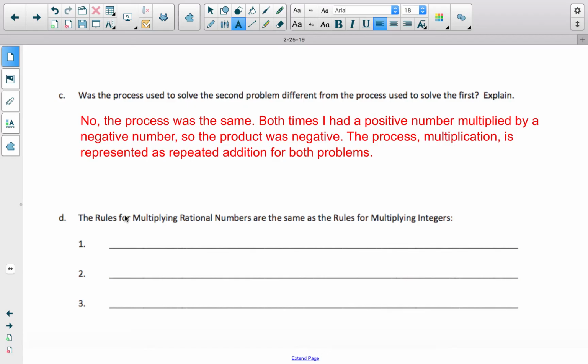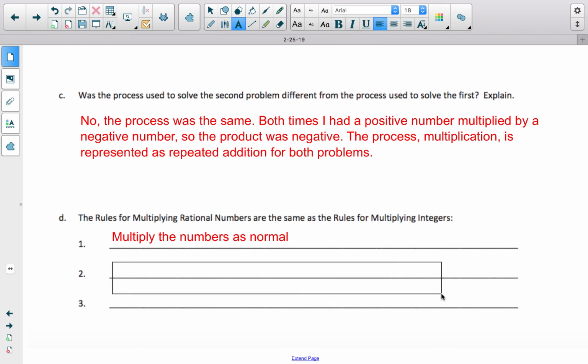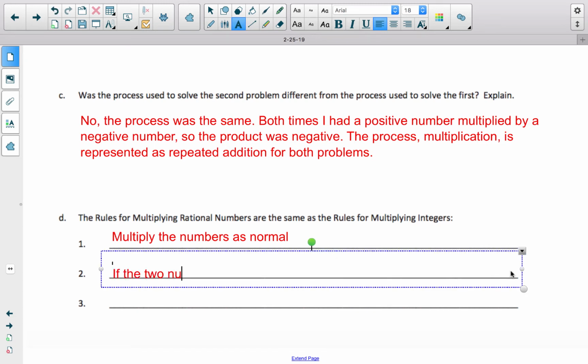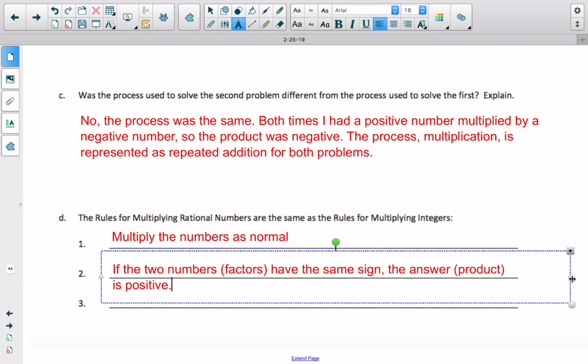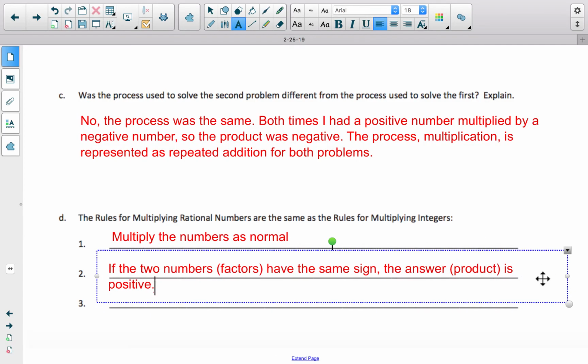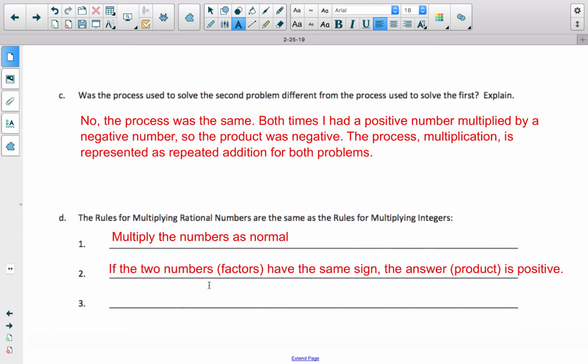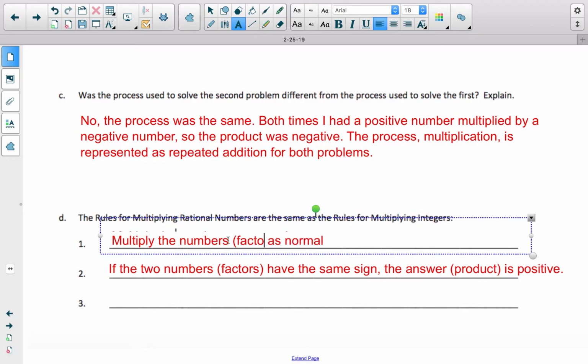And they are the same as for multiplying integers. So this is a good chance to get a reminder. You are going to start by multiplying the numbers as normal, meaning the factors.